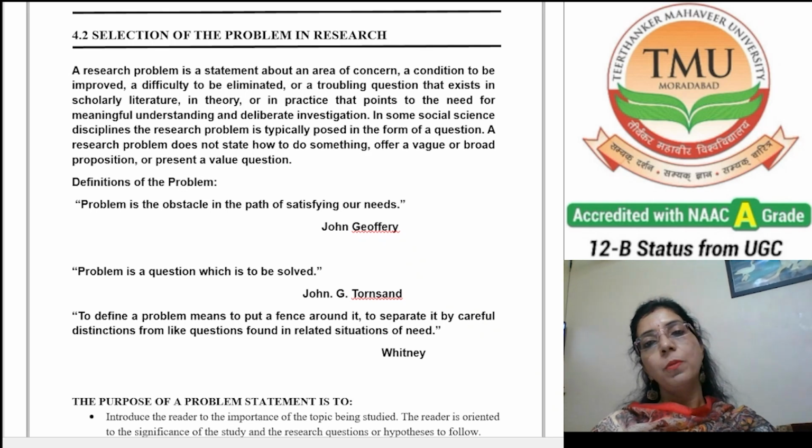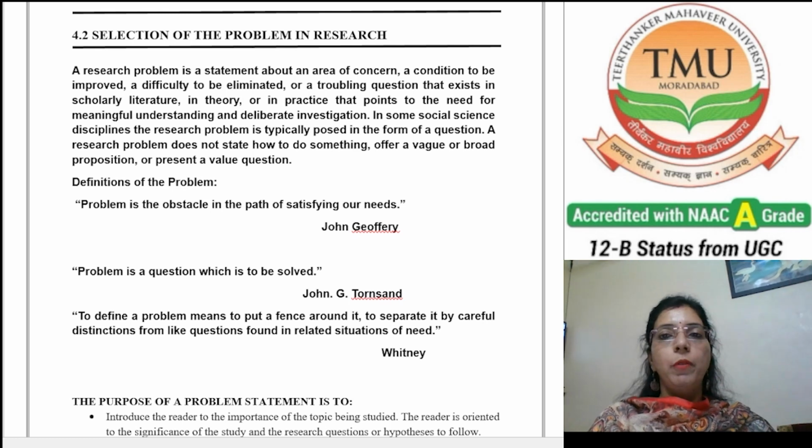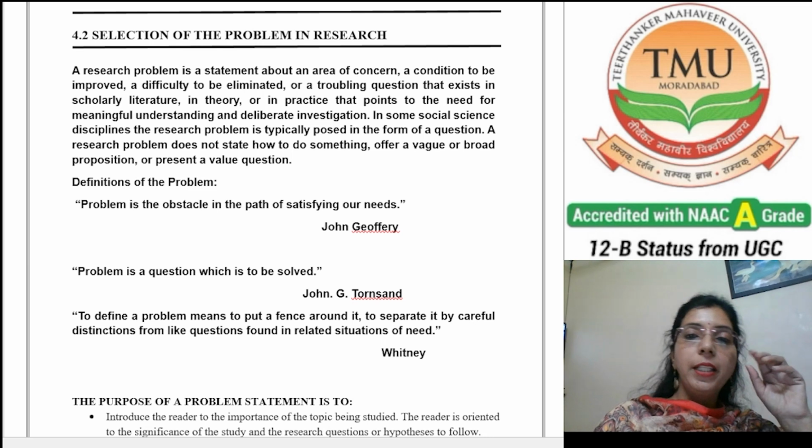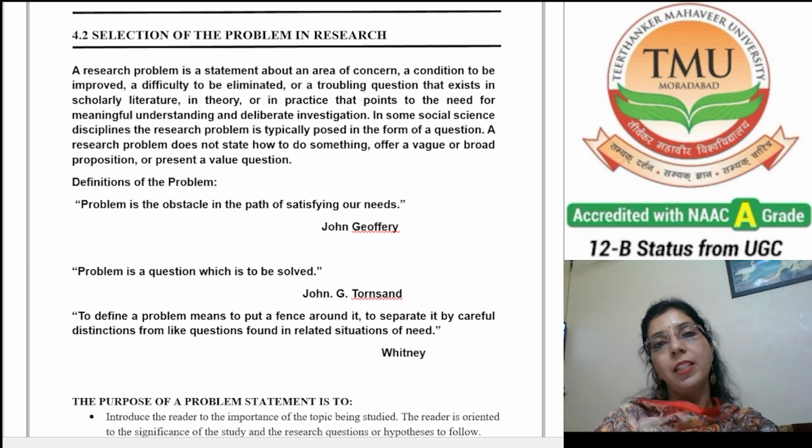A research problem is a specific issue, we can call it an issue, question, or gap in knowledge that a researcher seeks to address within the field or within his or her area. It provides a focus for the study and guides the research design and methodology.